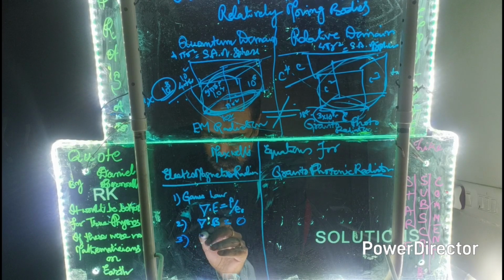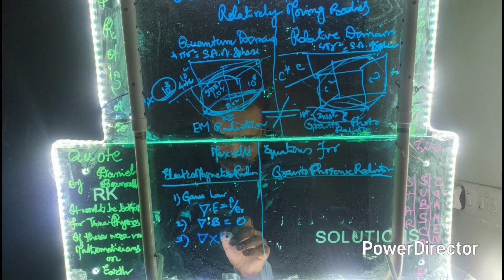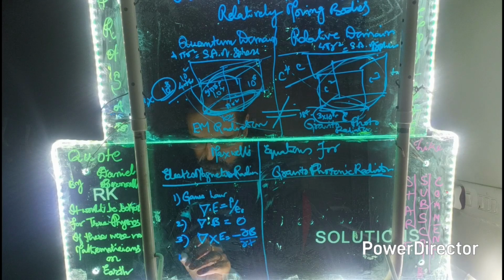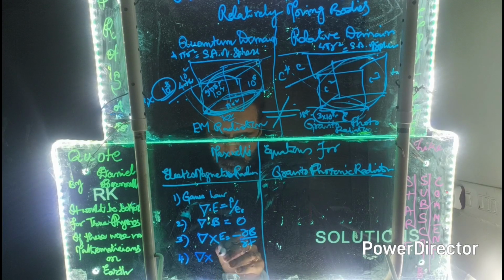Third, he says the curl of electric field is equal to minus partial derivative of B with respect to t, partial differentiation. Fourth was the curl of magnetic field.